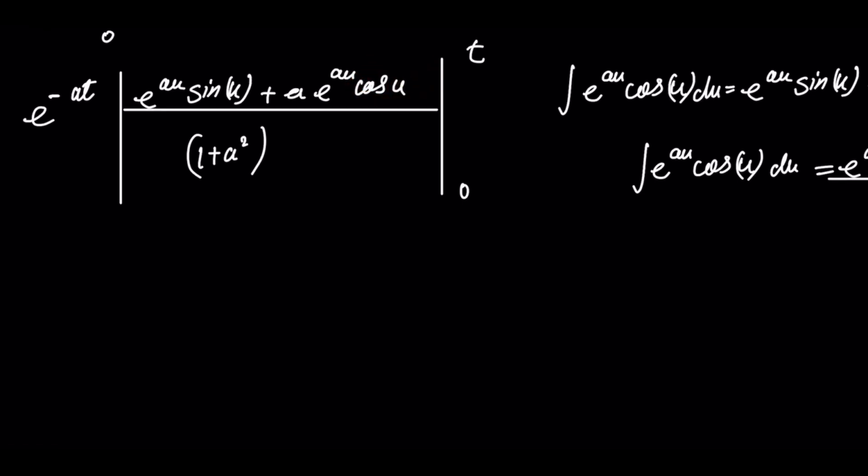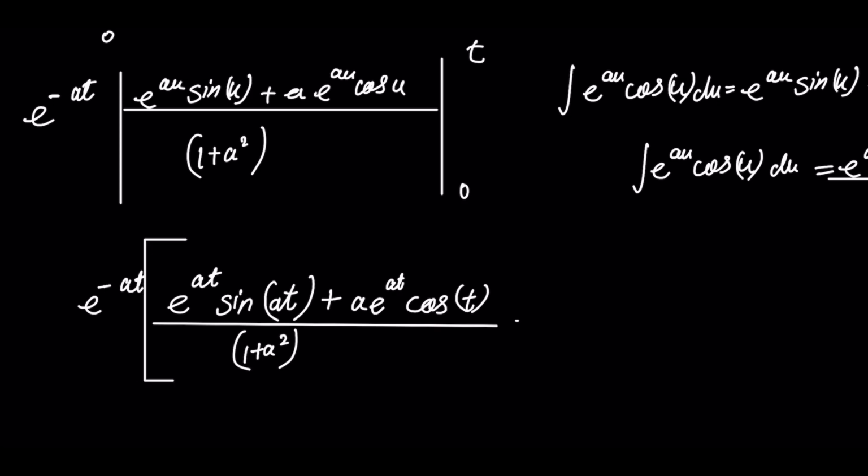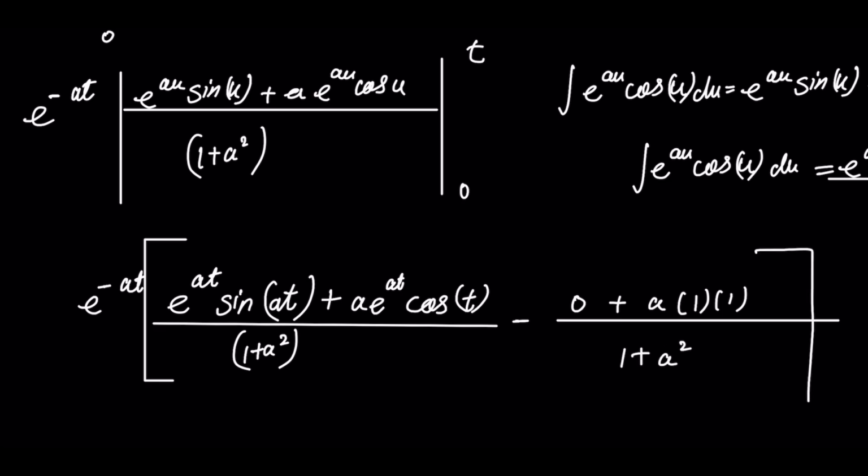So let's apply the limits and write the final answer. When expanding the brackets, the e power minus at and e power at cancel out.